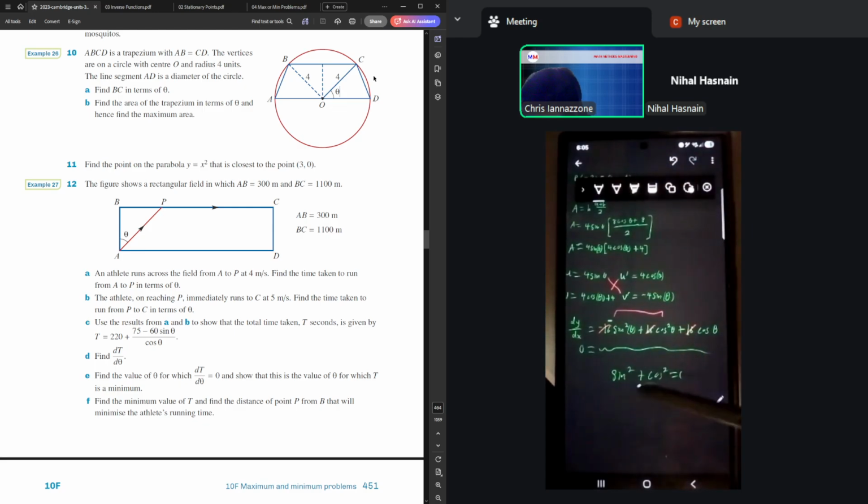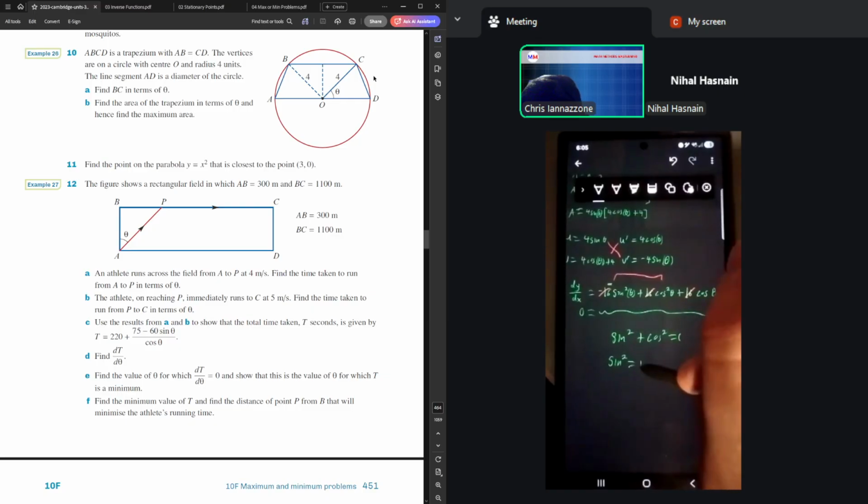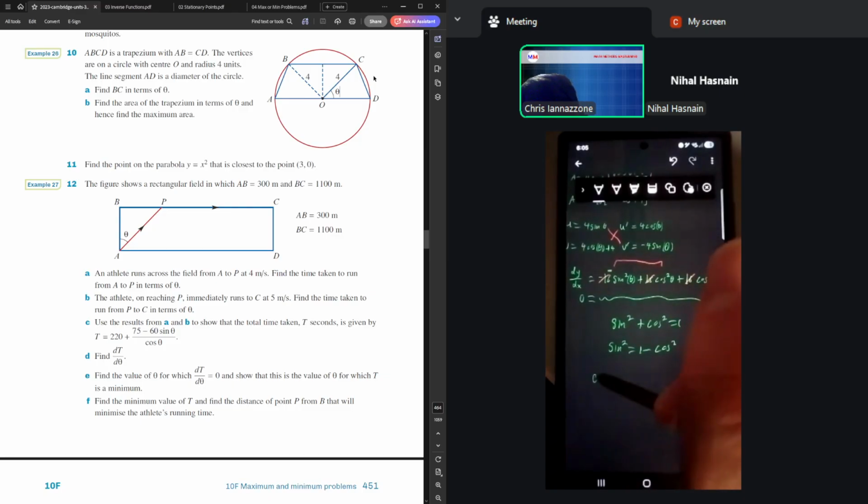It would be getting sine squared or cos squared on its own and replacing probably the sine squared, because then you've got all coses. So you would do something like sine squared equals 1 minus cos squared.